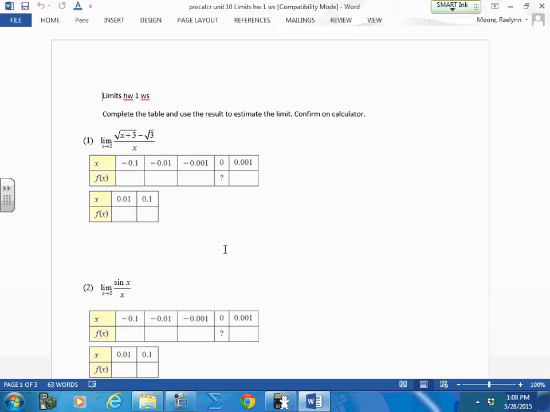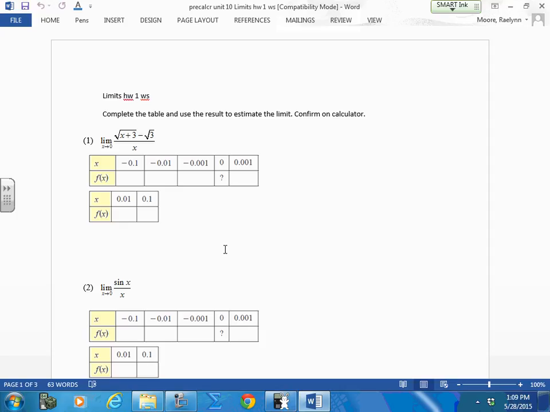We want to look at your table to see if there is a point where I can get the two pieces that were not continuous to converge at the same point. I want to see if I can remove my discontinuity. If I can, then I will find a point that I can remove it. If I can't, then I say the limit does not exist. There's no way I can bring these 2 points to meet at the same place.